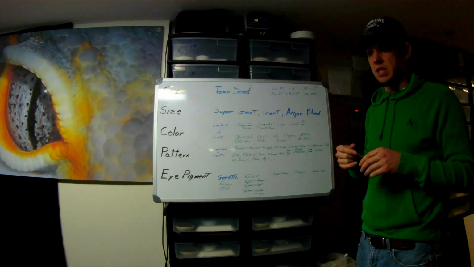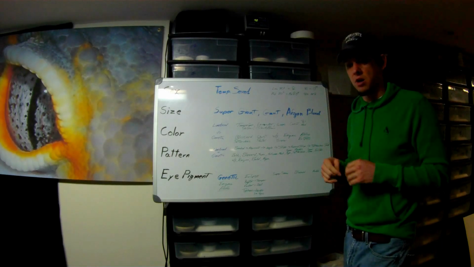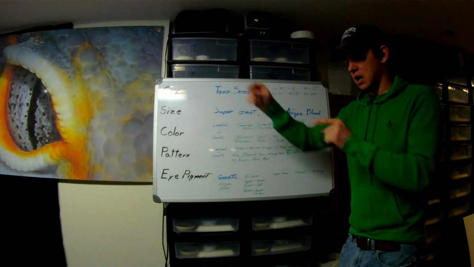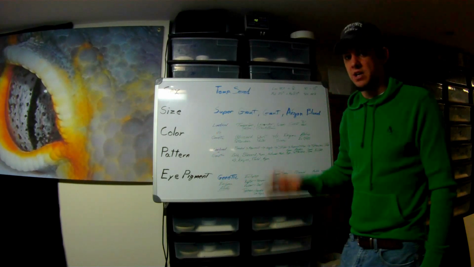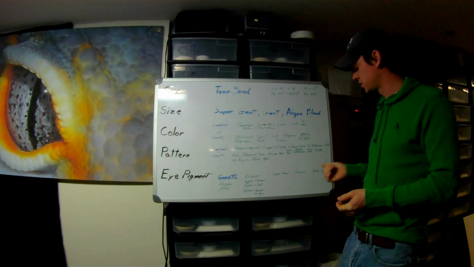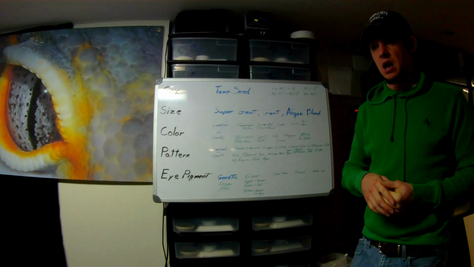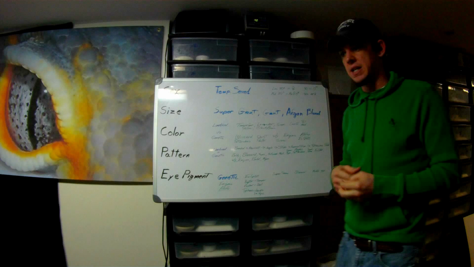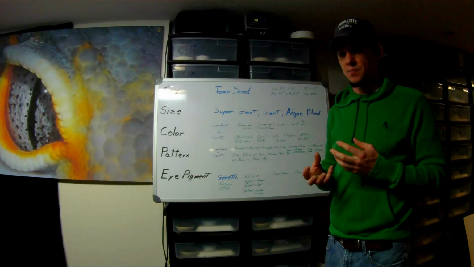If you want to take a look, I have pictures on my Facebook page, which if you just go right below here, it'll give you a link to my Facebook page, and you can see some of the marble eye stuff. The marble eye is definitely different in how it looks.